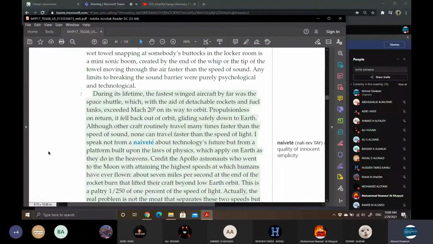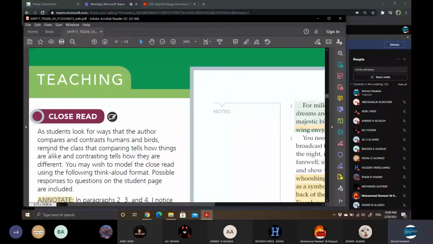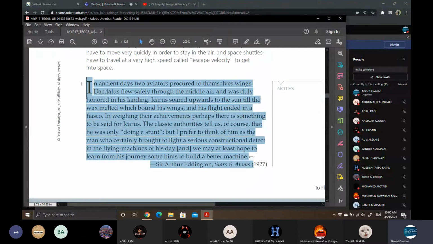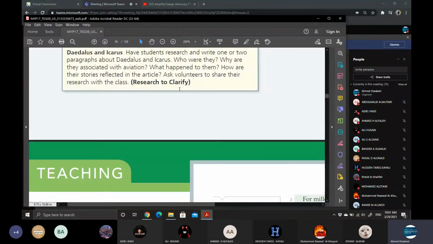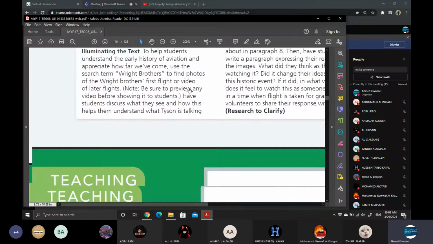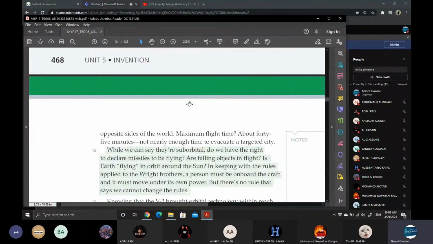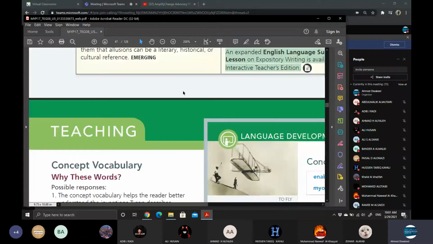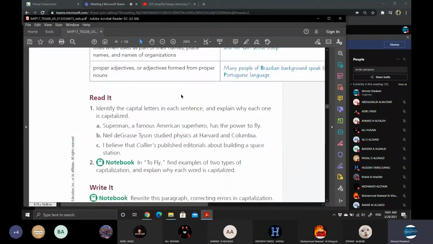Of course, for the allusions, the other references that Tyson used in his own essay, and even the first paragraph of his essay, he had a quotation from Sir Arthur Eddington. Using these allusions, we'll try to explain how his ideas are connected to the topic and how he presents his ideas to us.